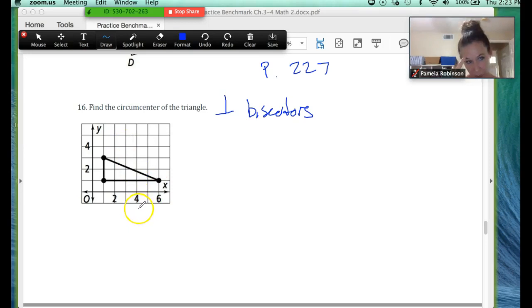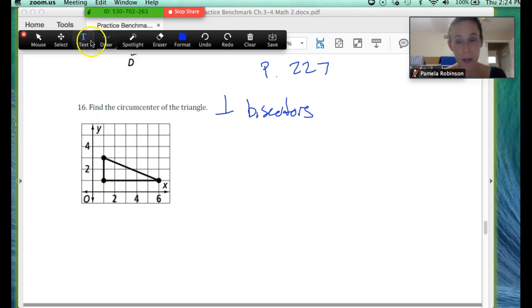Now, instead of doing a bunch of calculations on this one, where I would go, all right, to find where it bisects, I need to find the midpoint. So I would use the midpoint theorem, okay? Add the two x's, divide by 2, add the two y's, divide by 2. Or, since I'm on a grid, it's really easy to see it. Here, this length is 2, so halfway is going to be right here.